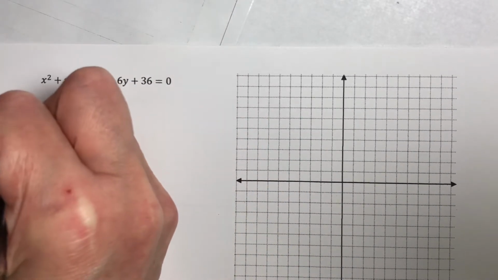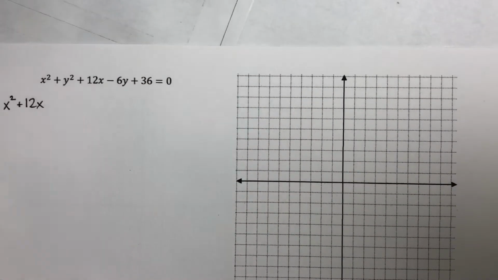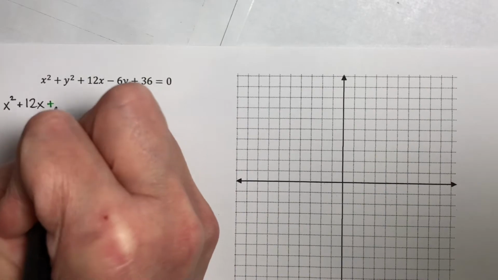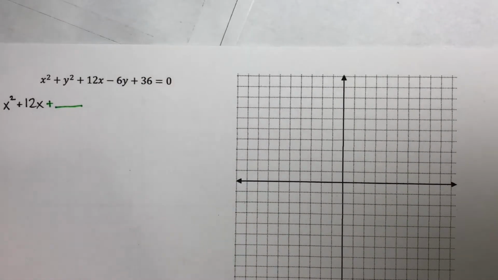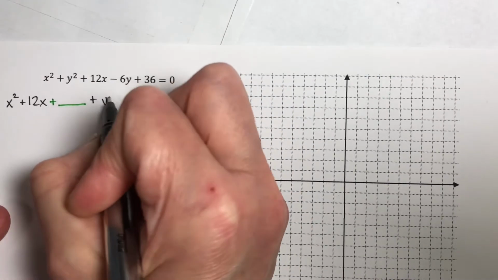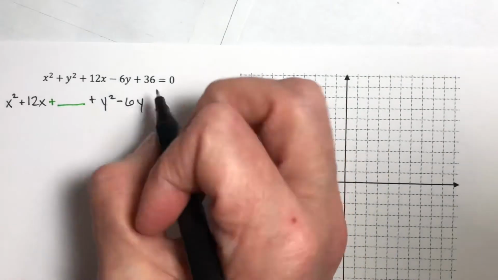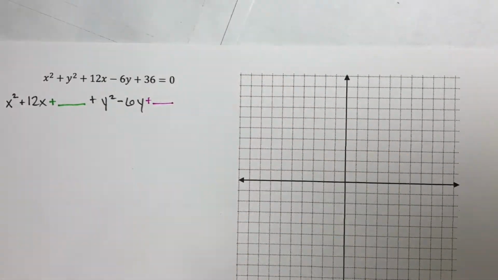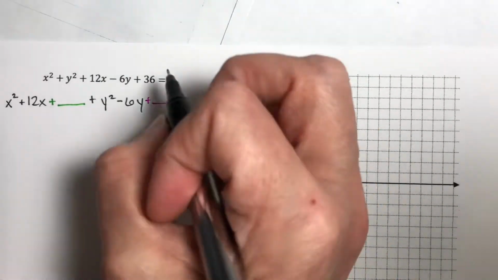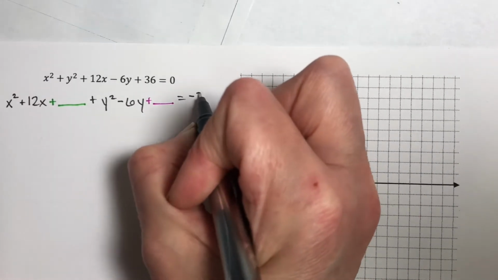So that's x squared plus 12x, and I'll leave myself a space here to add my magic number, plus y squared minus 6y plus, find my magic number, and this is going to equal, I'm going to move the 36 over, so I have negative 36 right here.